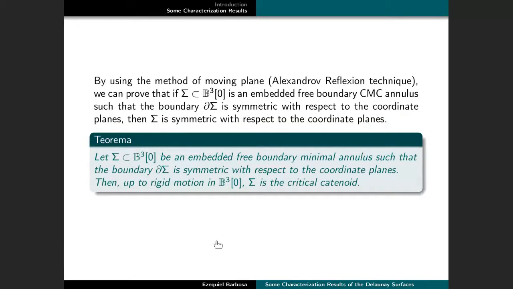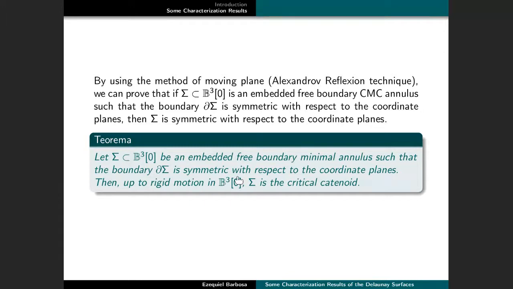So as I said, if you look at the philosophy of the moving plane technique or Alexandrov reflection technique, the idea is the symmetry of the boundary can pass to a symmetry of the surface.